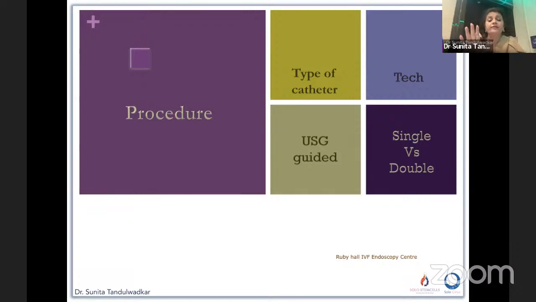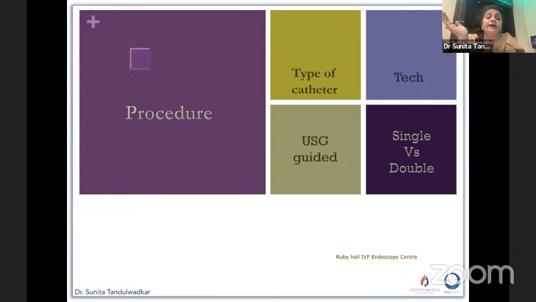And if not, then at the internal os, just flush. Instead of doing a traumatic, bloody technique, there is no harm in just putting it at the internal os level and flushing in.